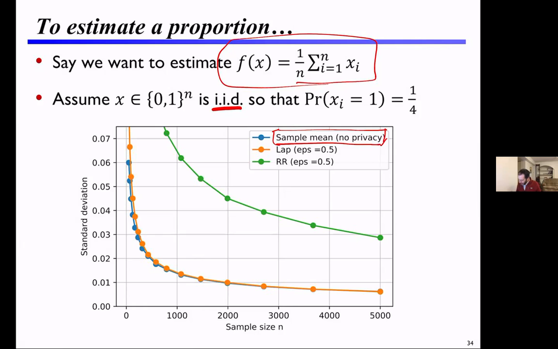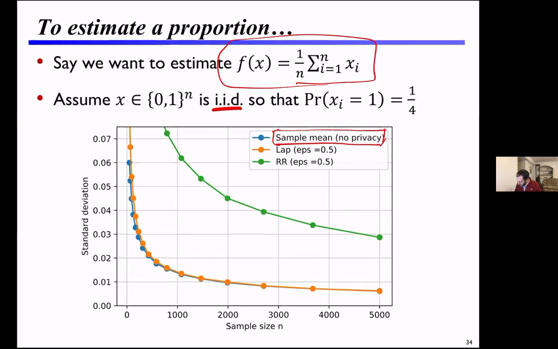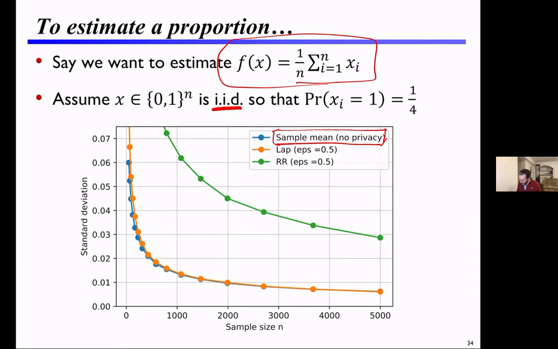The other two curves show how much noise you get from running the Laplace mechanism, and on the green curve, the standard deviation of your estimate using randomized response. All of them are reasonable when your sample size gets big: at n equals 2,000, even randomized response isn't doing too badly. It's giving you an estimate somewhere between 0.2 and 0.3.